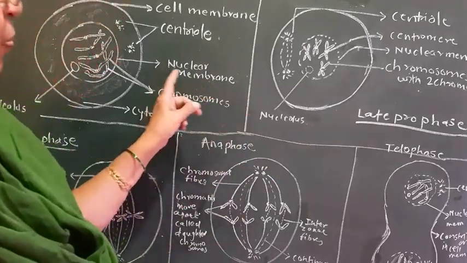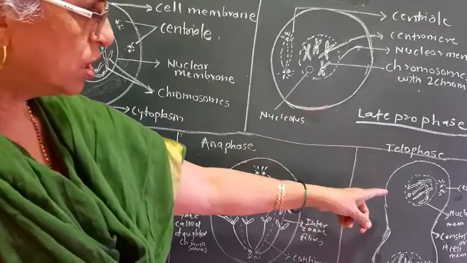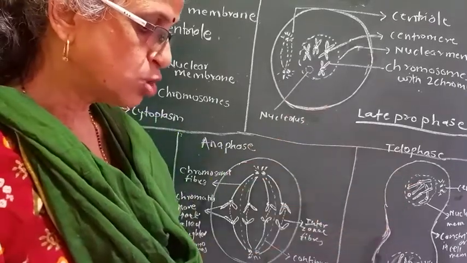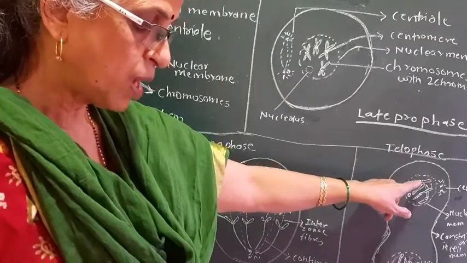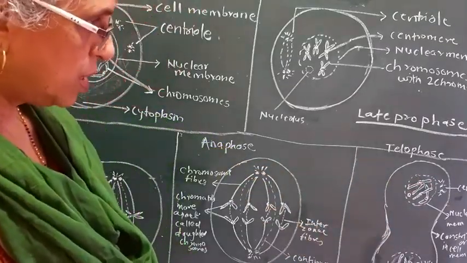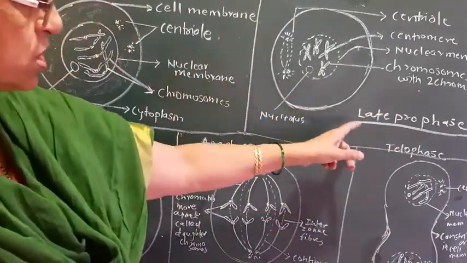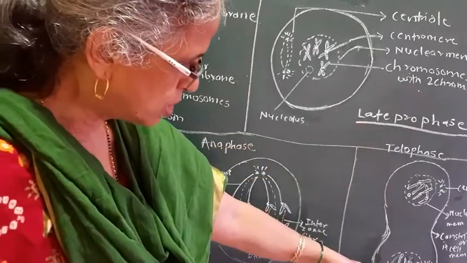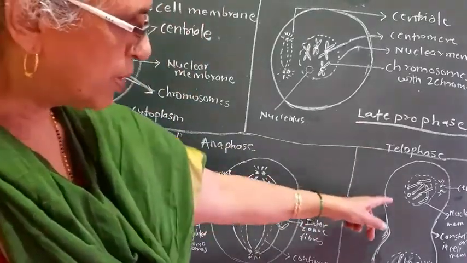Then here in prophase we have seen disappearance of the nuclear membrane. So here the nuclear membrane starts to appear around each set of chromosomes at the pole, and thus daughter nuclei are formed. And the nucleolus, which in prophase we have seen starts to disappear, here starts to appear, and the spindle fiber disappears.